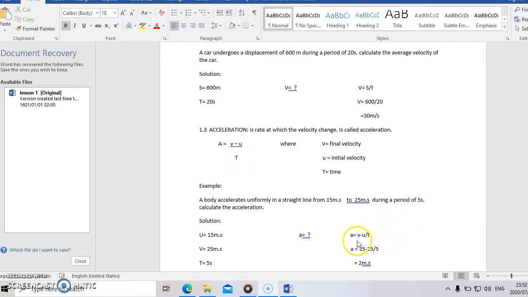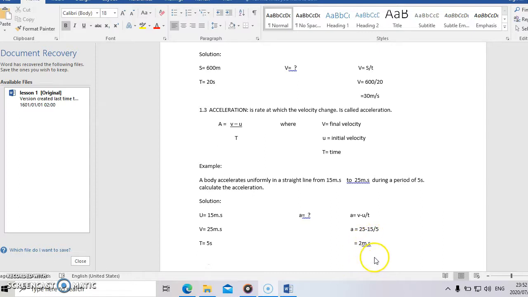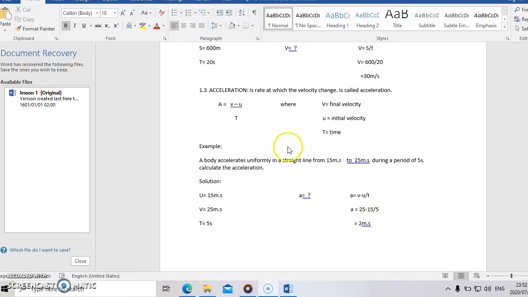So we put in the values: final velocity is 25, minus initial velocity 15, all over 5. Then our acceleration is 2 meters per second squared. So this is how we get the acceleration.